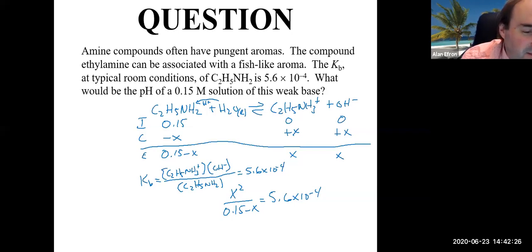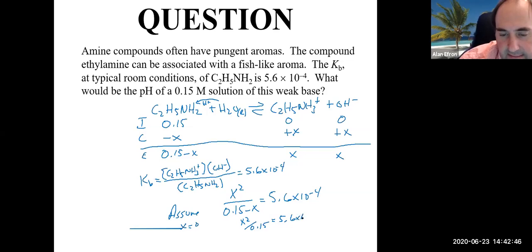All right, so we're going to do an assumption here, and we're going to assume that x is approximately equal to 0 here because we do have a small K value. And that gives us x squared divided by 0.15 equals 5.6 times 10 to the minus 4. When we solve for our x in that case, we get 0.00917.